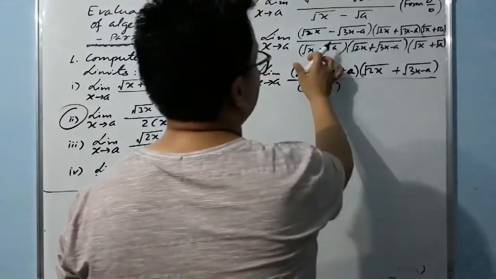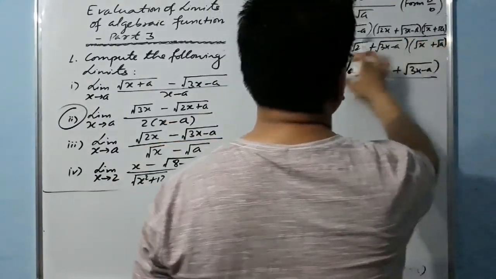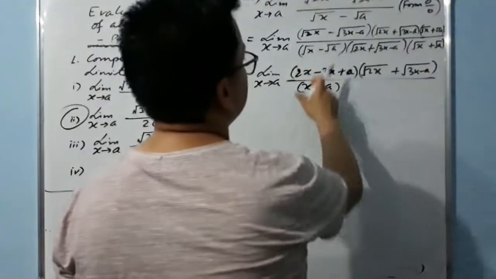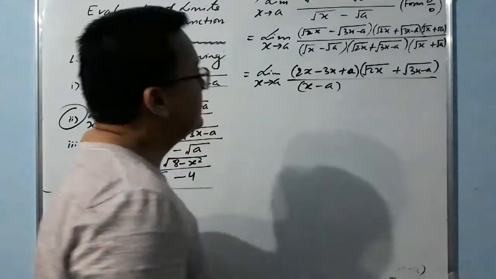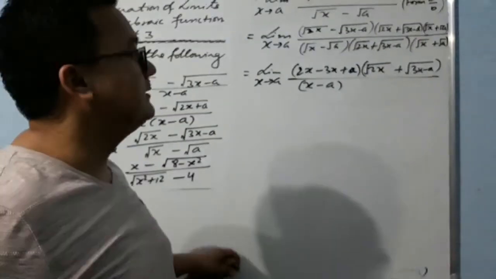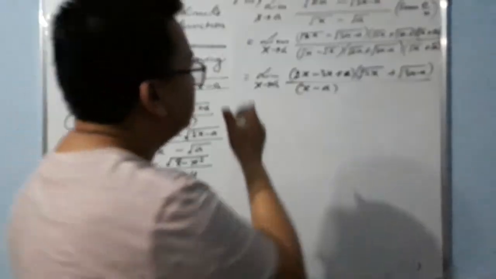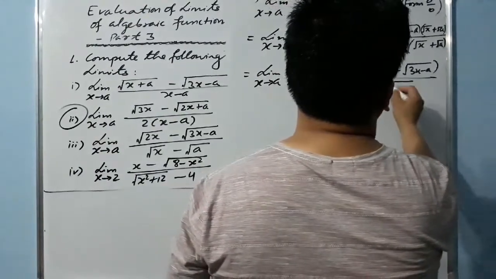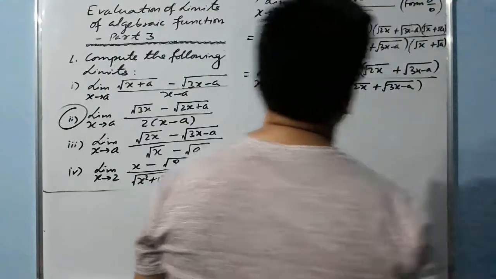Simplify the denominator: root x minus root a times root x plus root a, by the a square minus b square formula, we got x minus a. At this level you will understand the simple things. Root 2x plus root 3x minus a, same.